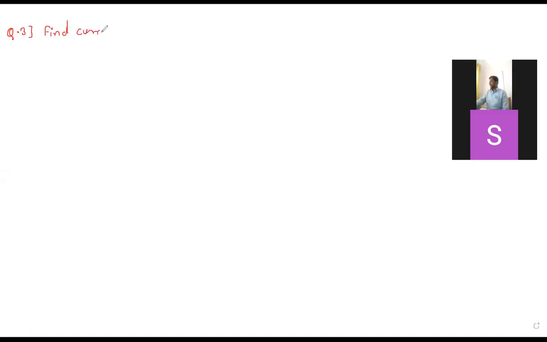Find current I of t for t greater than 0 in the given circuit. The circuit diagram I will draw.